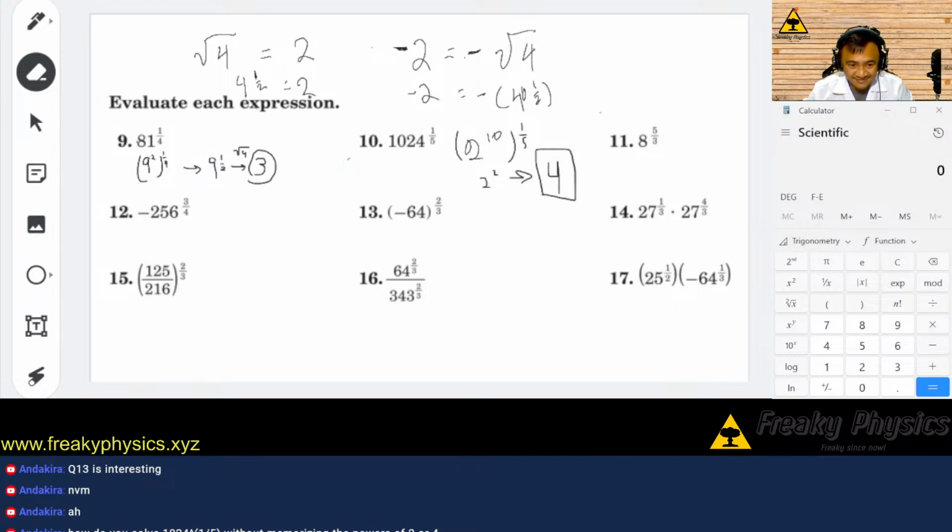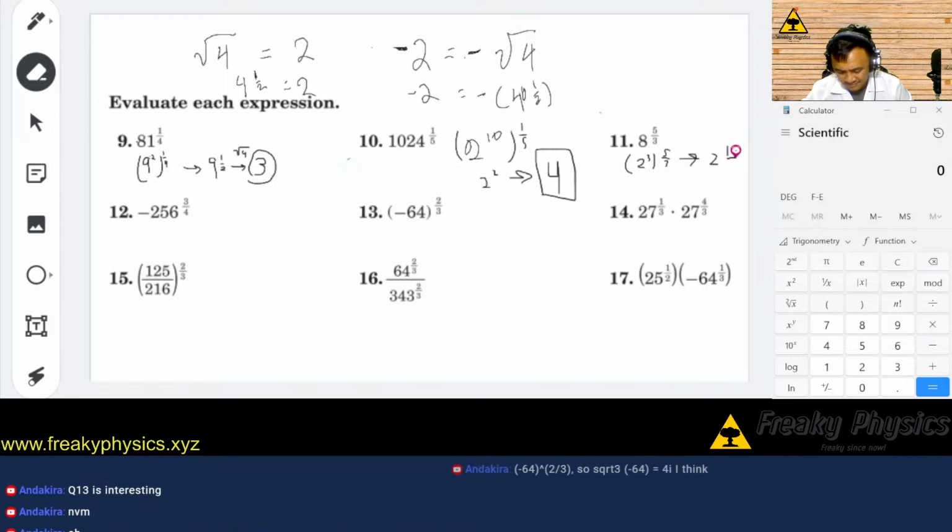So 8 can be two threes, and then times that, which would make this 15 threes. I'm going to write it out so I have the visual.